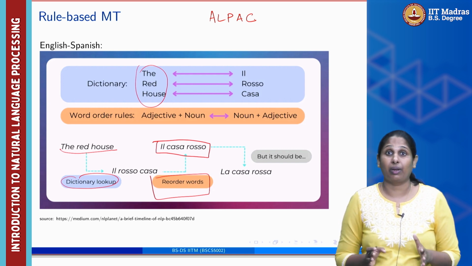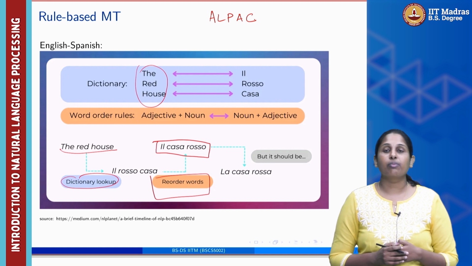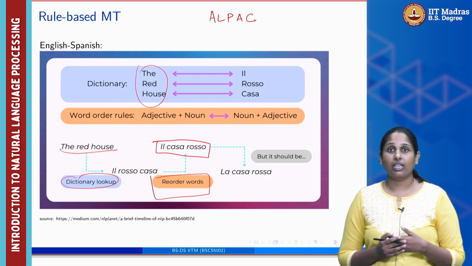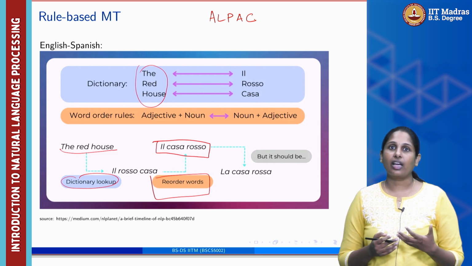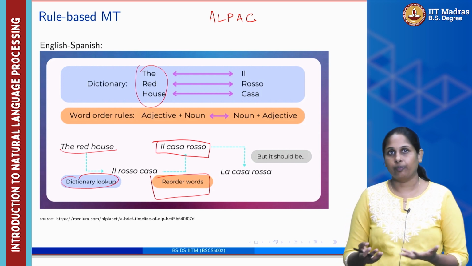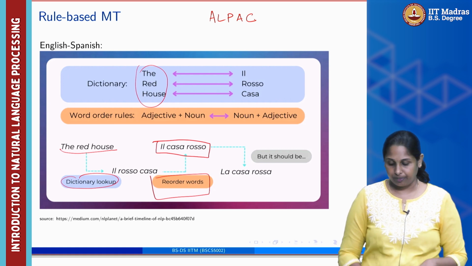This statement came in the 1960s. Though the recommendations in the ALPAC report show that we can still use machine translation systems as a helping aid for translators, it is not going to replace the human.